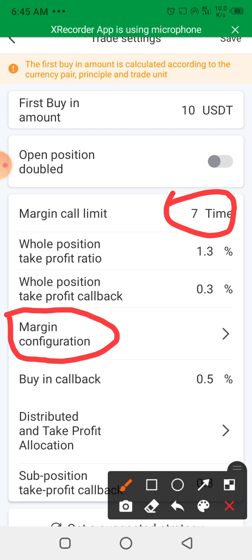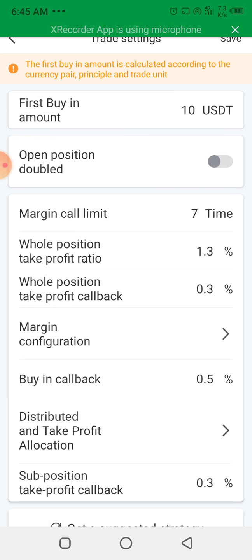This is where you set the parameters. If we open this margin configuration, we will see 7 rows that we will set up. Let's open it.